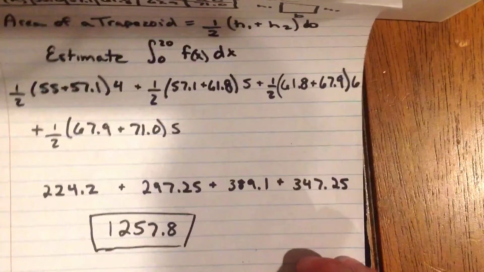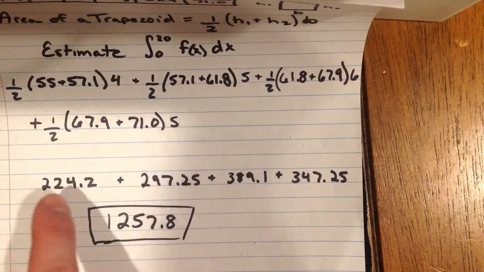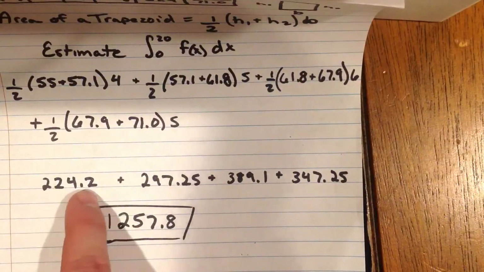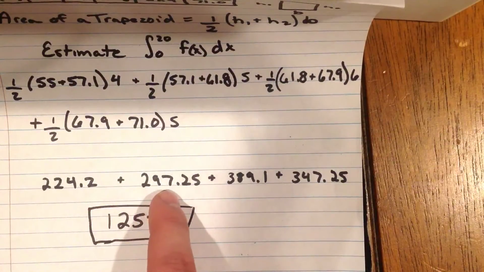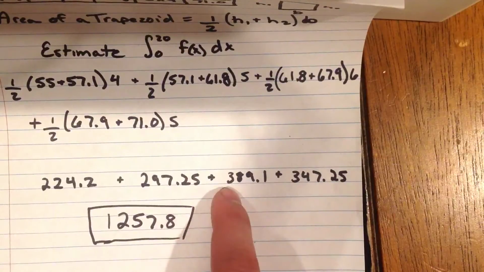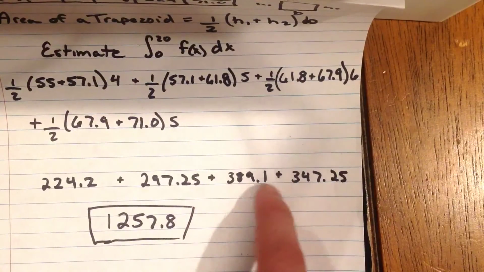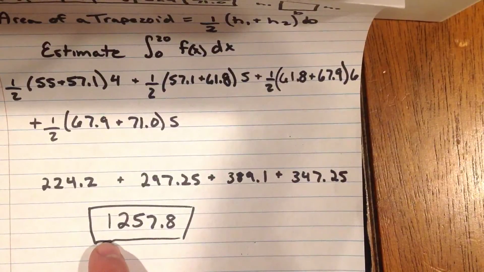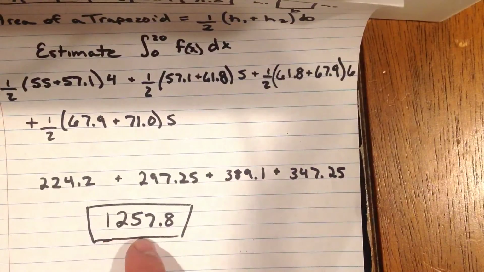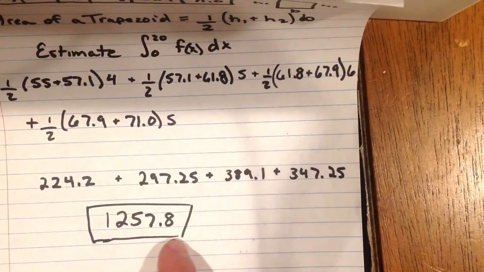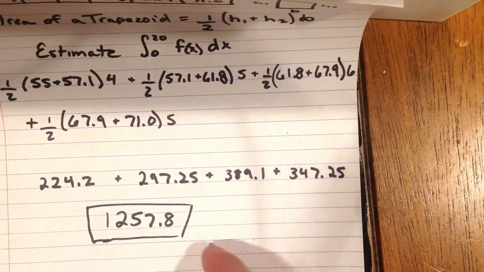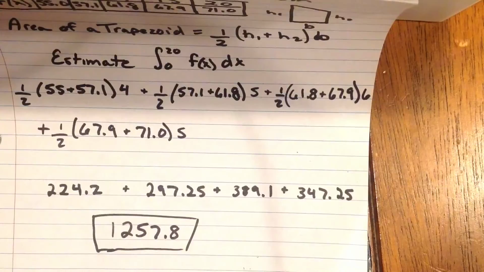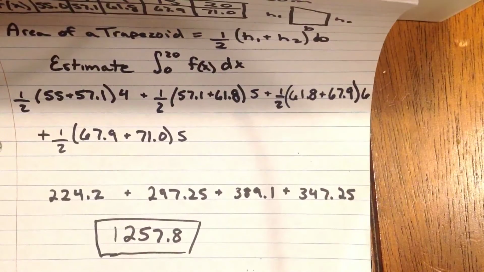And then, when you simplify that, you get 224.2 plus 297.25 plus 389.1 plus 347.25, and your final answer would be 1,257.8, and that is the estimate for the area under the f of x curve for the trapezoidal Riemann sum.